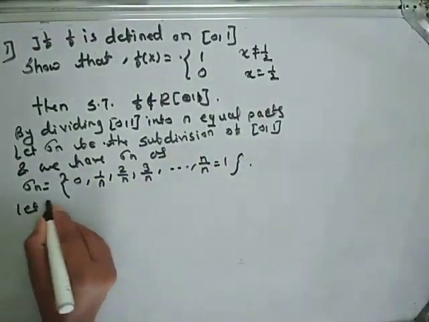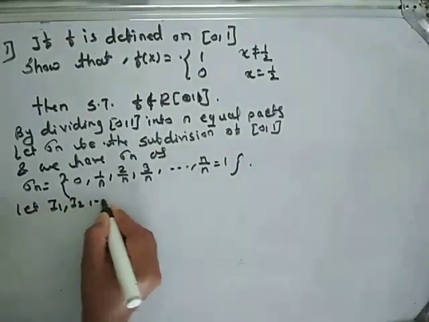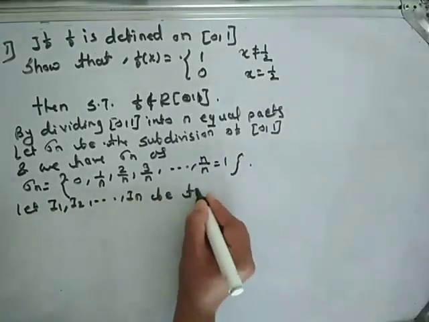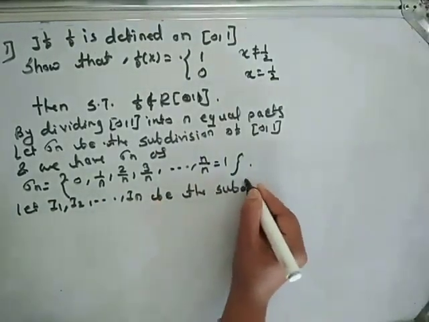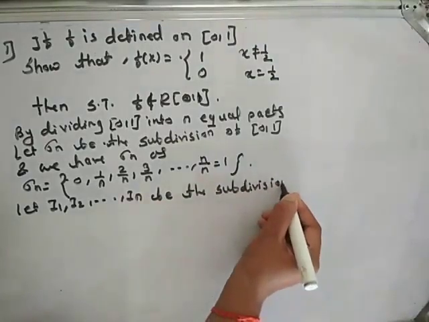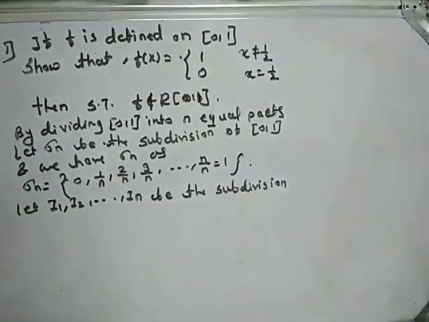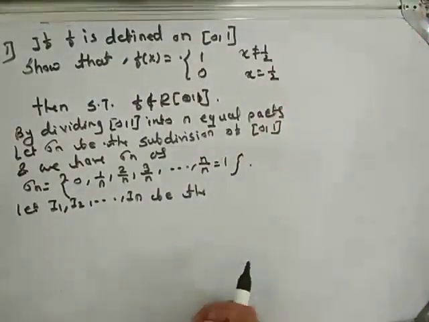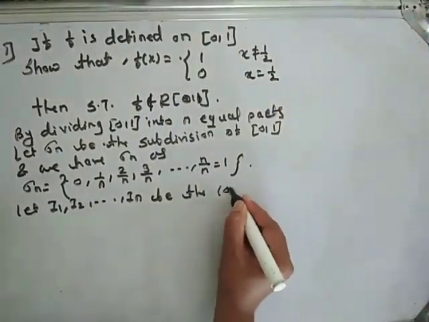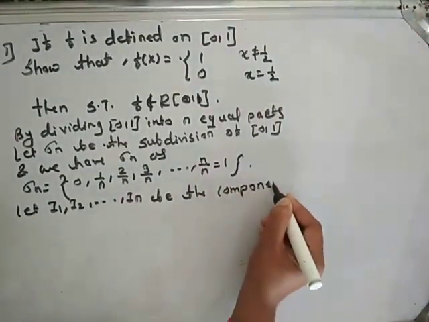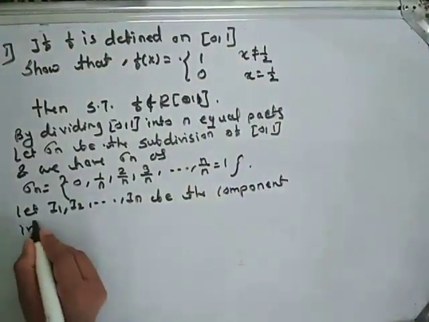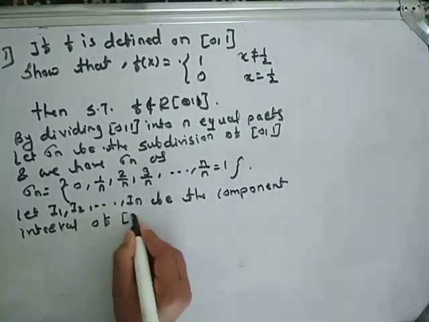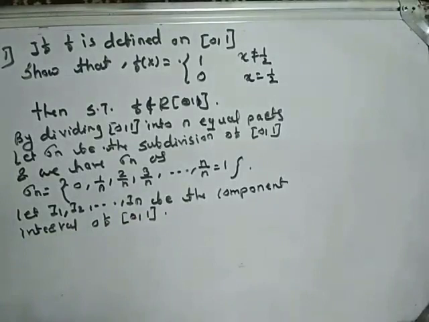Let I1, I2 and so on up to In be the component intervals of closed interval [0, 1].